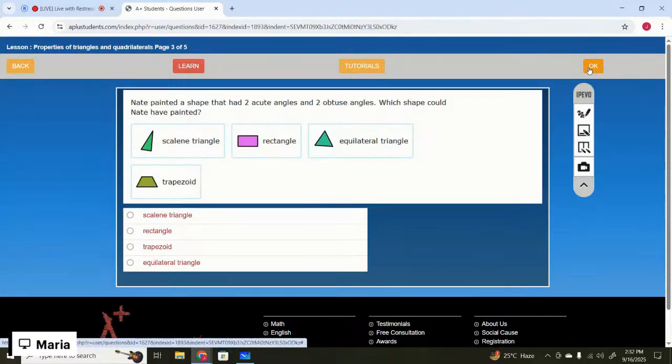Nate painted a shape that had two acute angles and two obtuse angles. Which shape could Nate have painted? Two obtuse and two acute angles means the shape must have four sides. So, which four-sided shape has two acute and two obtuse angles?